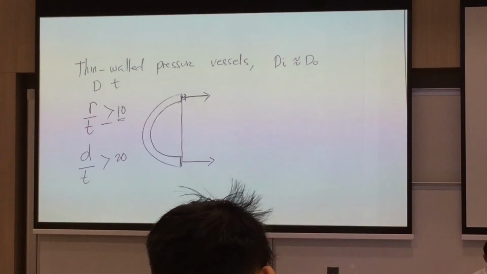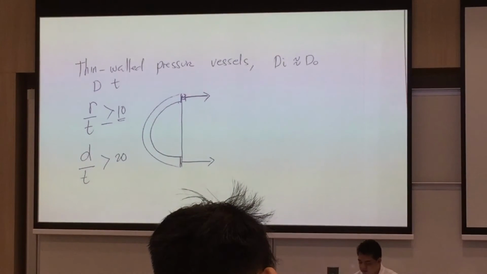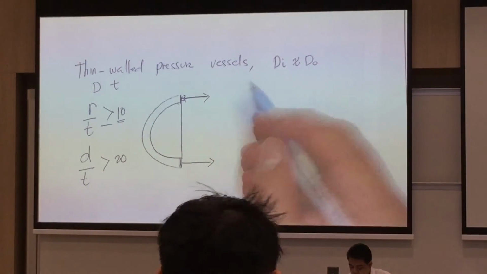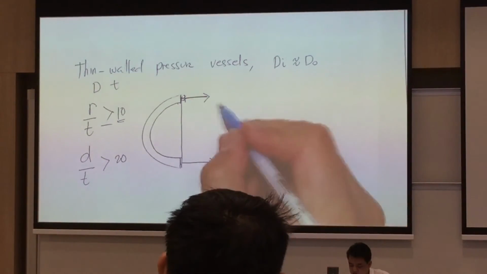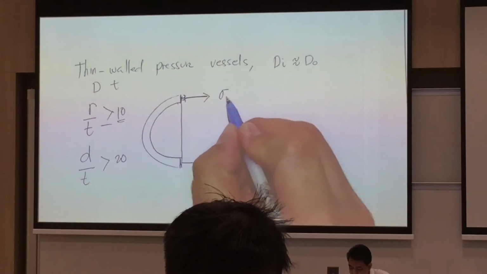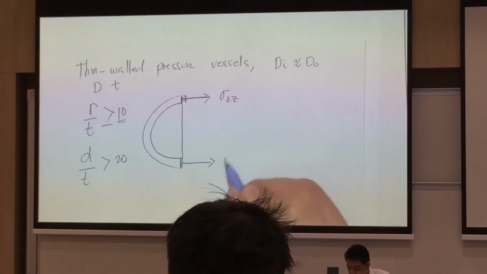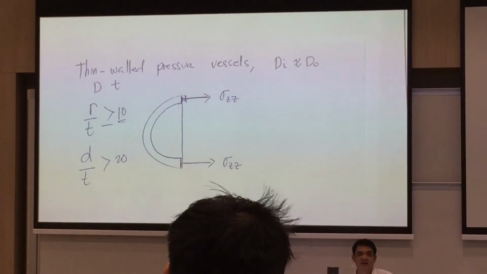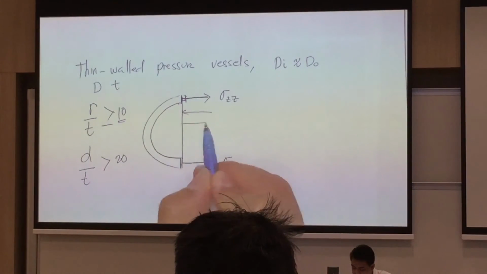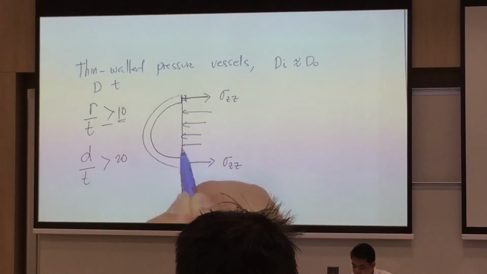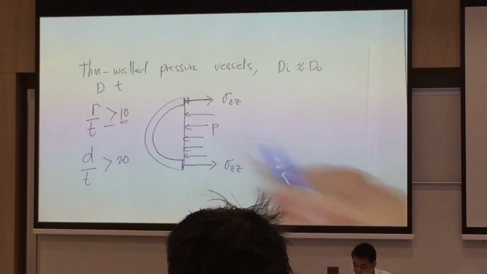Or you can say here, longitudinal. So at this one here, this one will go around there. So you have now a sigma ZZ. Right? And then you have now your pressure here acting.